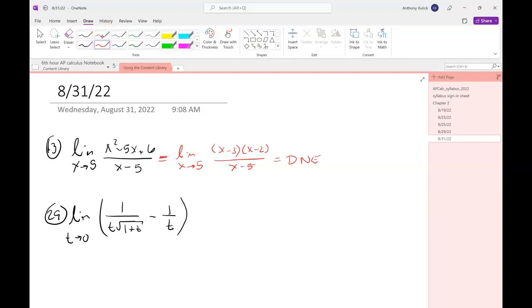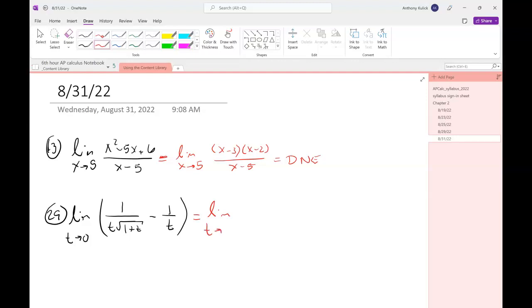So right away, again, if you try direct substitution, you notice you get like 1 over 0 minus 1 over 0, which is bad news bears. So I think probably the thing I would start with would be to just make a common denominator between the two fractions.